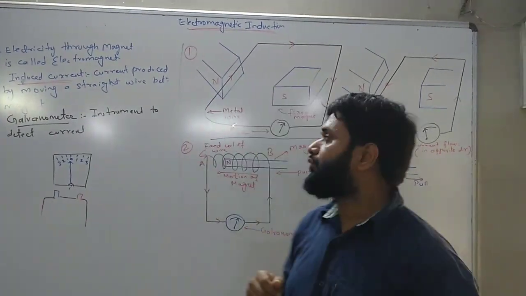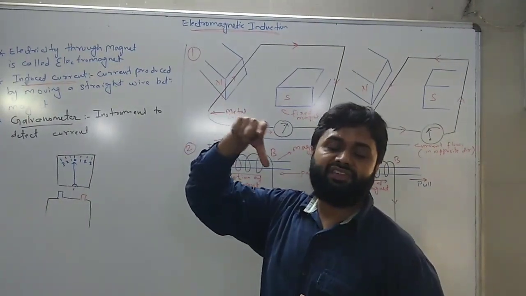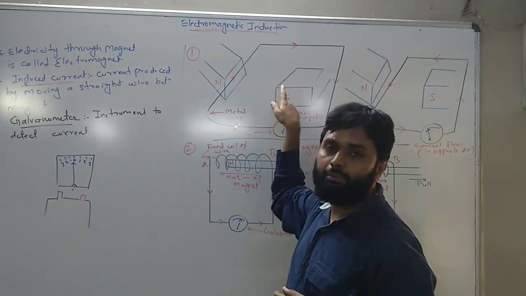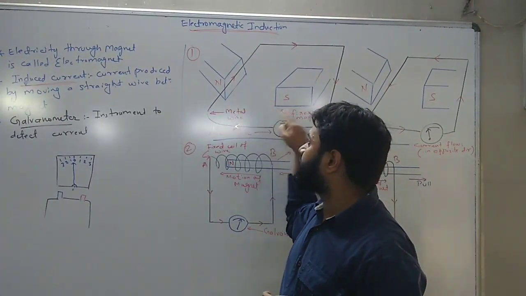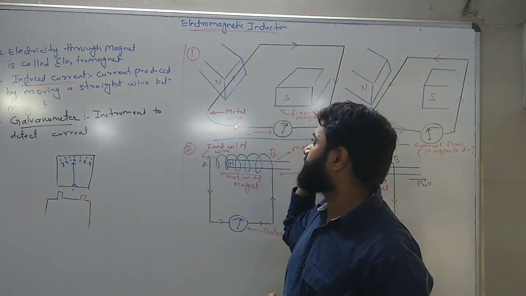The turbine is fixed with the rectangular coil, and they are moved between the magnets. This induces the current in the circuit, in the wire.